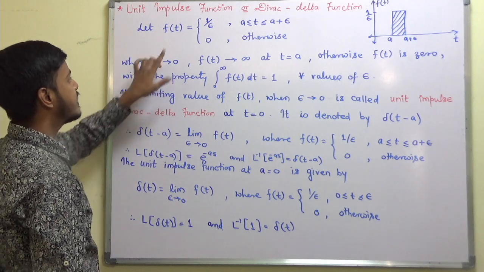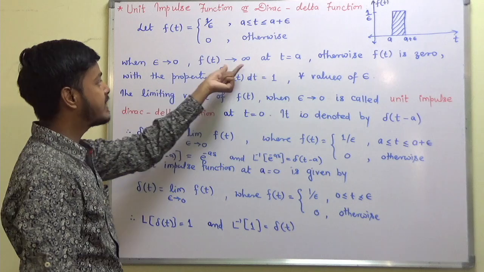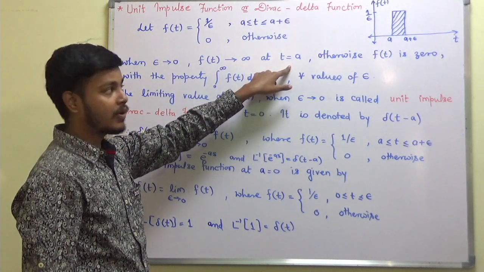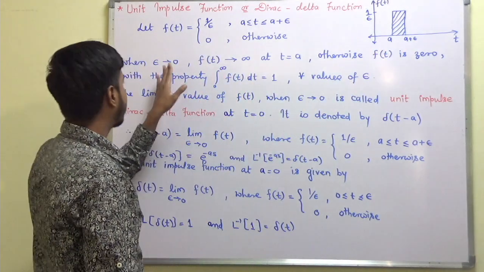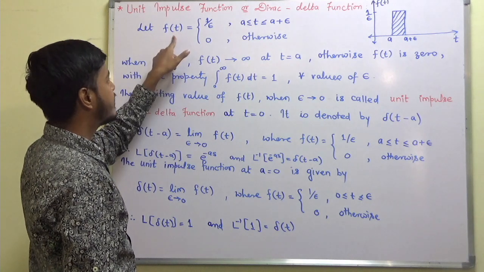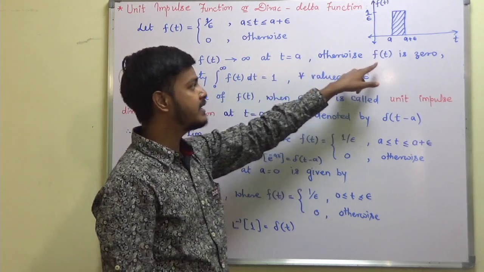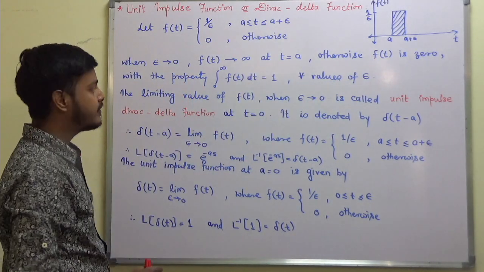Now when epsilon tends to 0, 1 by 0 is infinity, so f of t tends to infinity at t equal to a. Because if epsilon tends to 0, this becomes just a, so f of t tends to infinity at t equal to a, and otherwise f of t is 0, as you can see from the graph itself.